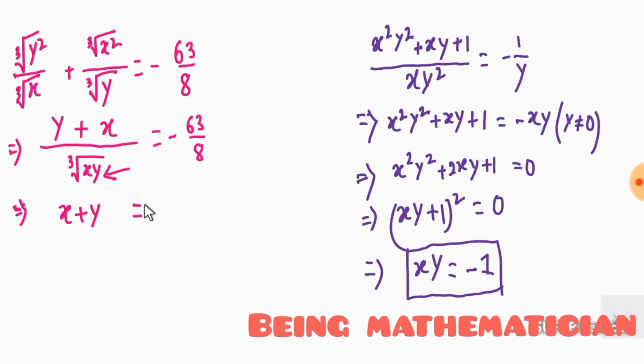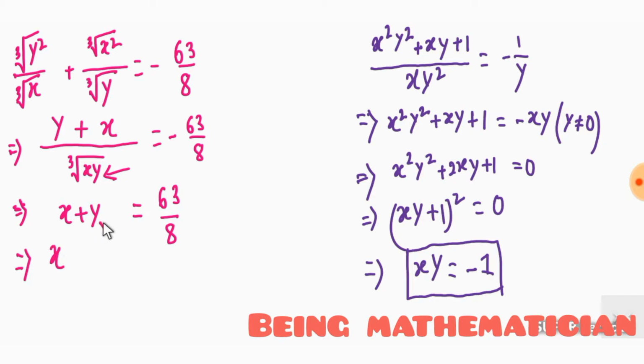So now putting the value of minus 1 here, and we get x plus y equal to 63 by 8. And we know that y is equal to minus 1 by x.